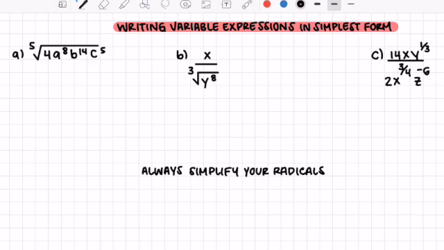You always want to simplify your radicals before doing anything else. Whether it's combining things or dividing or canceling them out, always simplify them first before you do anything or solve it. That'll be the most helpful thing to do before starting any type of problem.